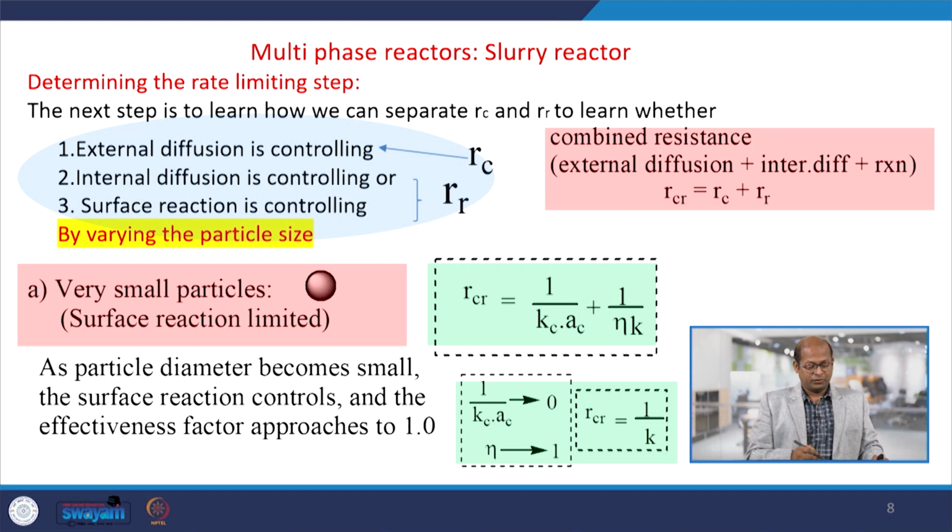Okay. So, now we will discuss the catalyst particle size. If we vary the catalyst particle size, how would that change the overall diffusional resistance? Let us say we have a large size of particles and a very small size of particles.